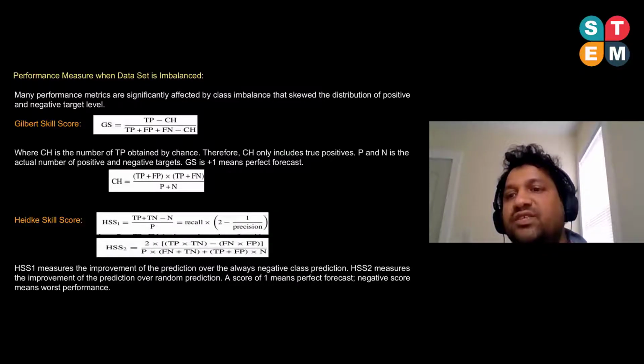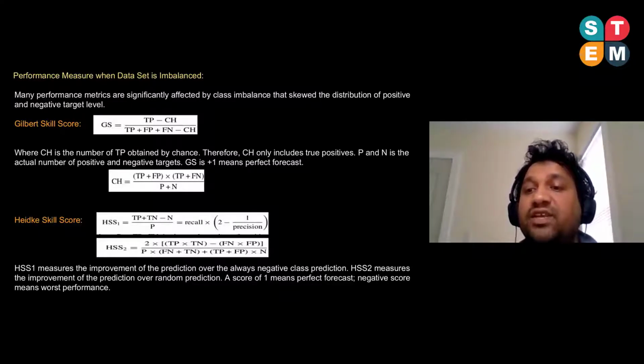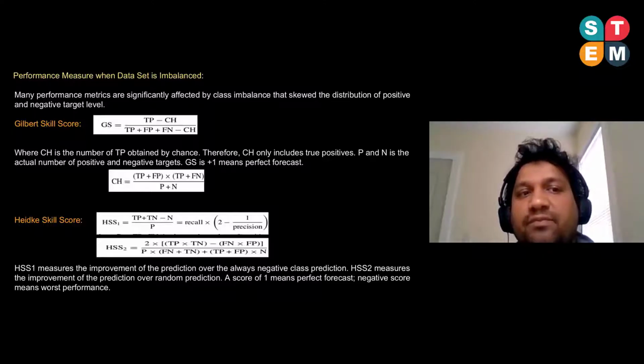So accuracy is not a good measure when datasets are imbalanced. So many performance measures are affected by the class imbalance. So we have to find some way which will tackle this imbalance issue.